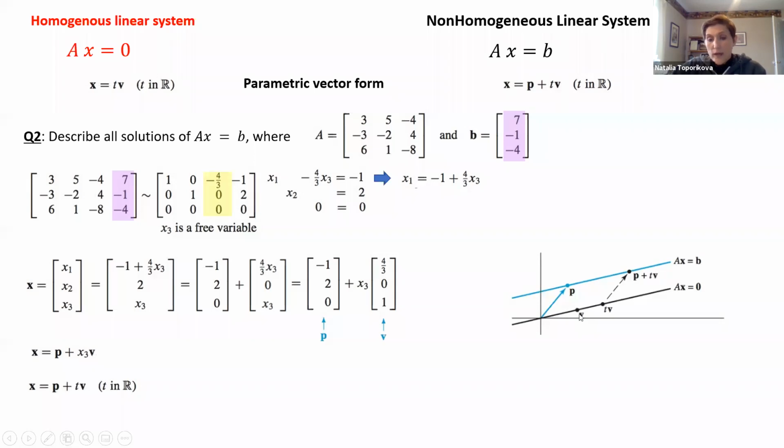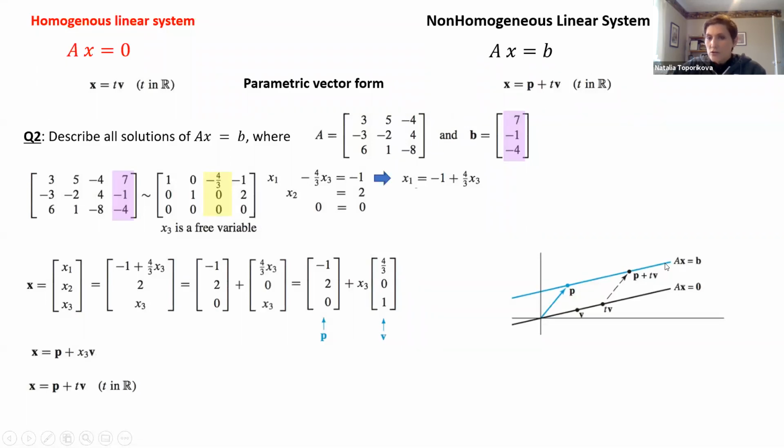So basically we stretch or contract vector v or put it in the opposite direction. There is this nice line. But now when we have a non-homogeneous system, we can take every single point of our line and shift it by the vector p. And this new blue line will form the solution for the non-homogeneous system.